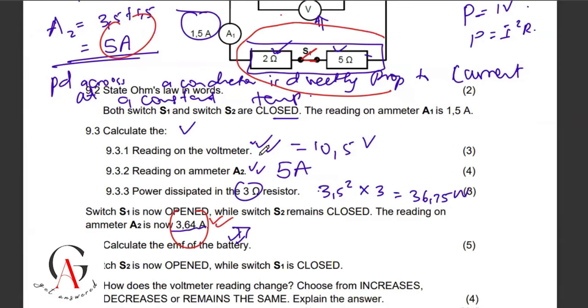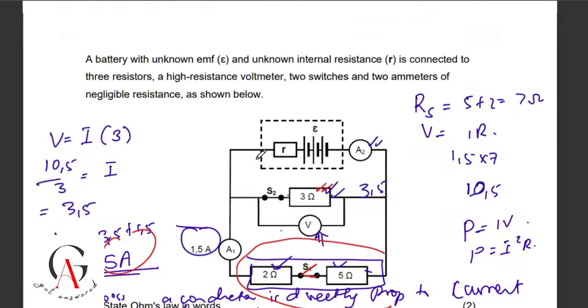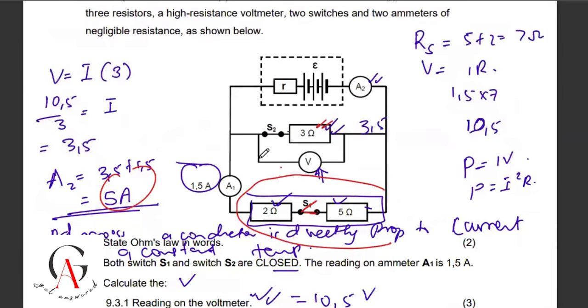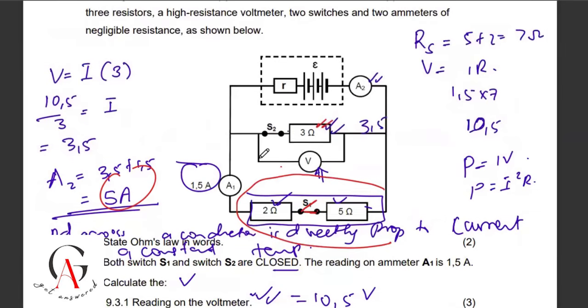I'm trying to look at it that way so that we don't waste a lot of time. From the EMF formula, we're going to have current times R plus the internal resistance. But the internal resistance is unknown.